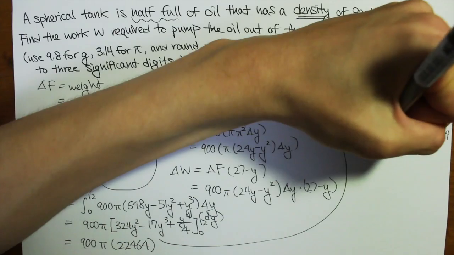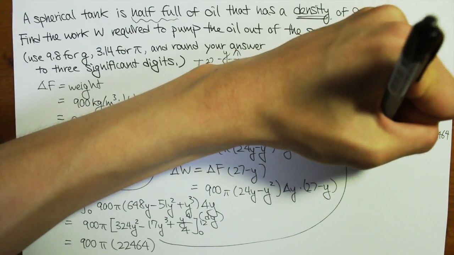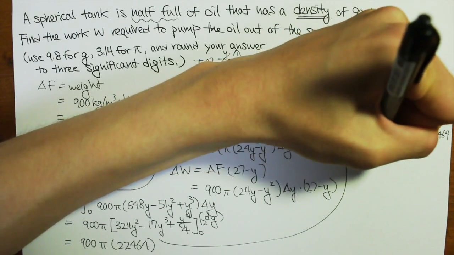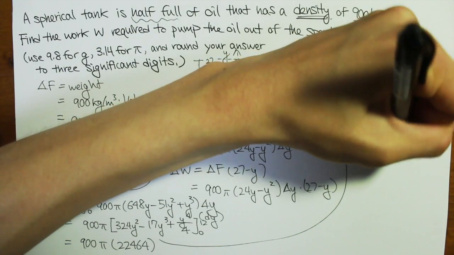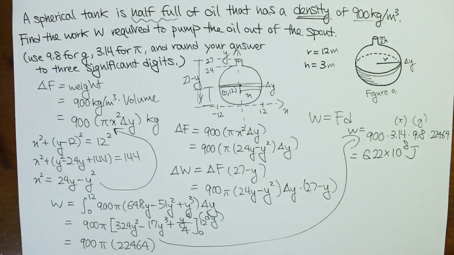In 3 significant digits, in scientific notation, this is 6.22 times 10 to the power of 8 joules. So voila, we've solved for the work required to pump oil out of the spout in a spherical tank. Thanks for watching.